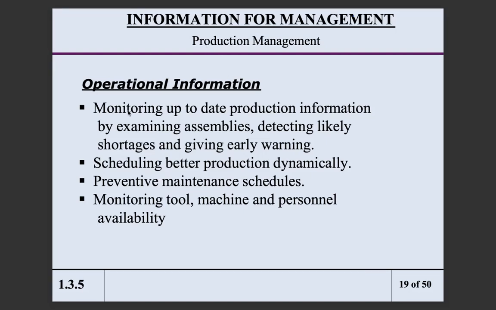There we have monitoring up-to-date production information by examining assemblies, detecting likely shortages, and giving early warnings. Then we have scheduling better production dynamically and preventive maintenance schedules. And lastly, monitoring tool, machine, and personnel availabilities as well.